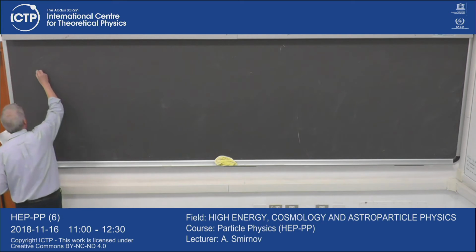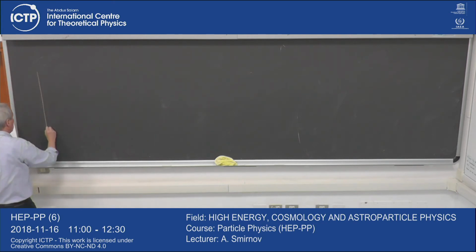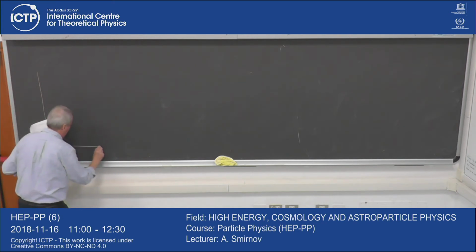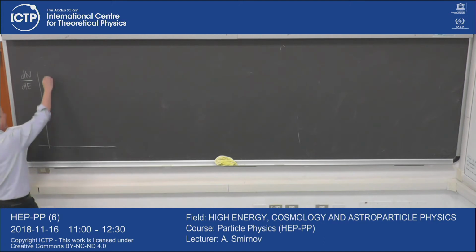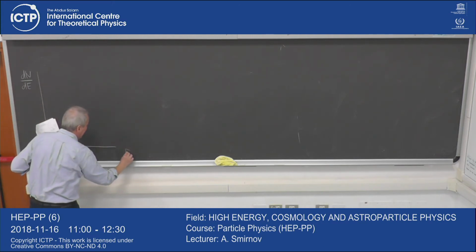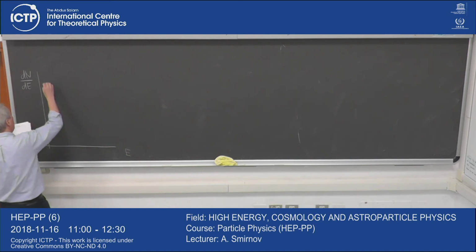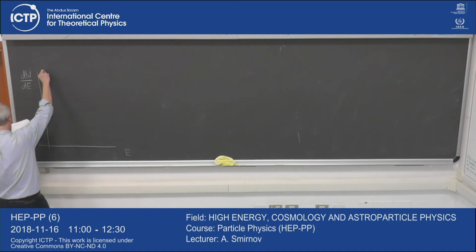The energy spectrum has quite an interesting shape. So dN over dE. Sometimes people multiply by E squared, so that it's flatter. Energy, and I will take above 1 GeV.